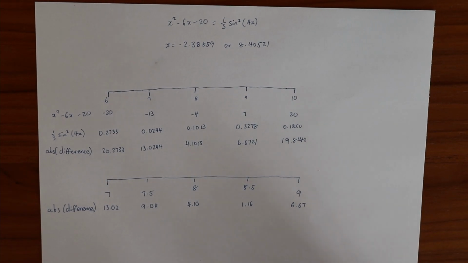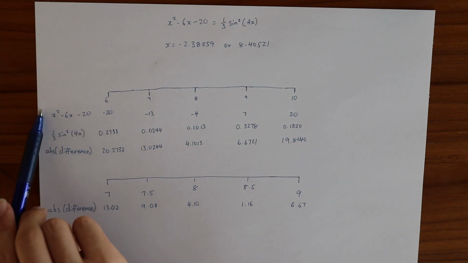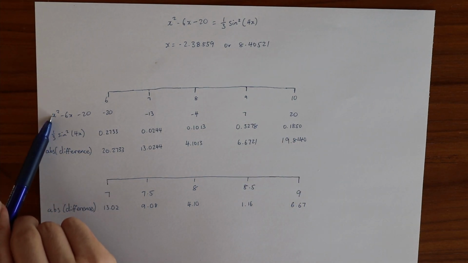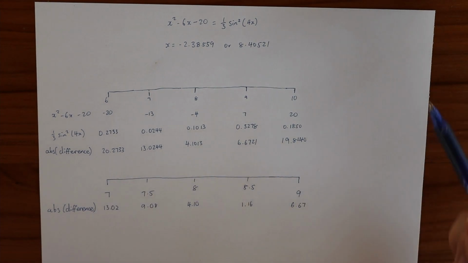So now you can see I've made calculations for the new range between 7 and 9. Again, I have 5 values within the range, this time every 0.5 rather than every 1. And instead of listing out the left-hand side and the right-hand side separately, I've just gone ahead and directly calculated the absolute value of the difference between the left-hand side and the right-hand side.